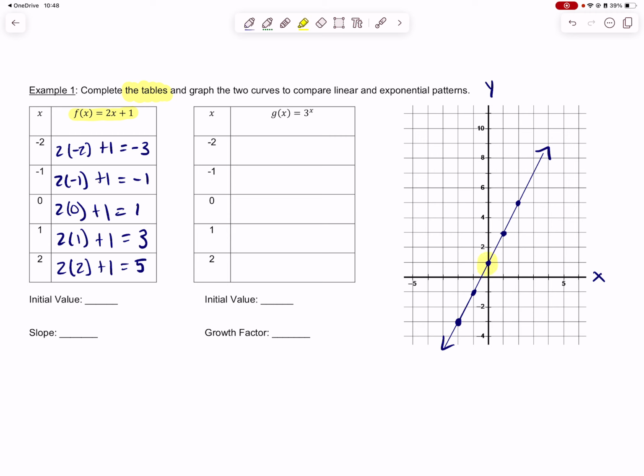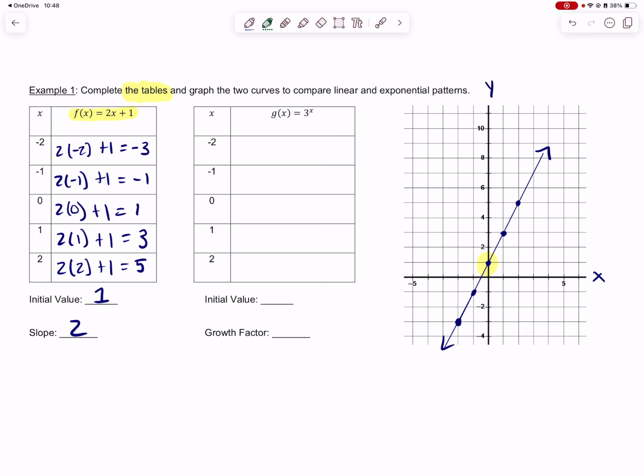That would be where it is crossing the y-axis, our y-intercept. So when our x is 0, our y value is 1. And then the other important part with a linear function is what we call our slope. So that is our m, and in this case, that is our 2.